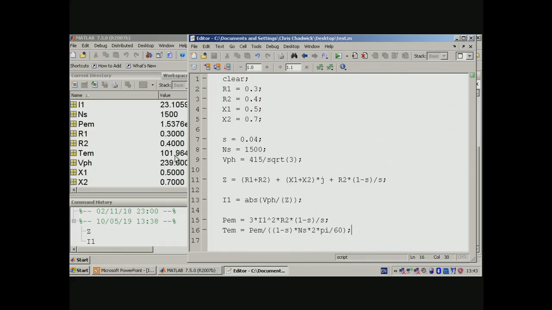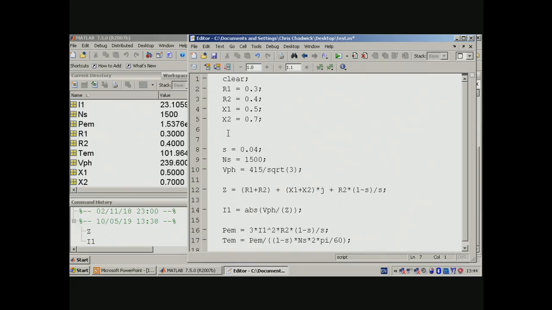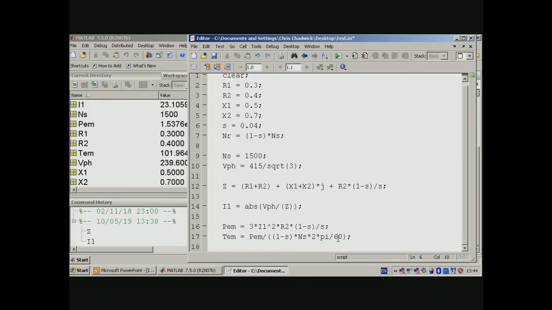If you were to vary speed, then you can plot the torque-speed profile. Let's say we write this as NR, the rotor speed in terms of RPM, and then we divide this by NR.